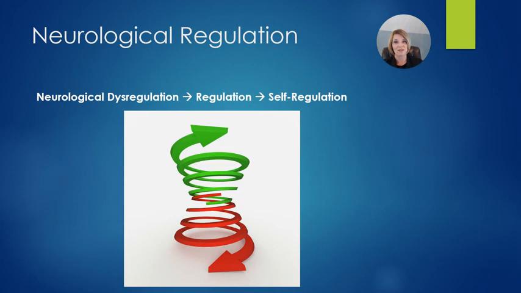So the way that this plays out for you is if your brain shows neurological dysregulation by having the yellow and red and the blue colors on your map, it means there's room for improvement. And to me, that's good news.